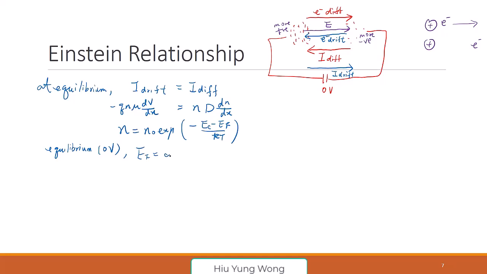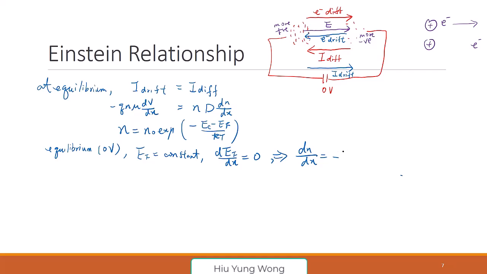Why do I want to say that? Because if this is constant, then it means dEF/dx equals 0. And this is useful because it helps us do the differentiation, because we do need dn/dx here. Because of time, we can do it quickly. Now only the EC, the conduction band, can be changing.